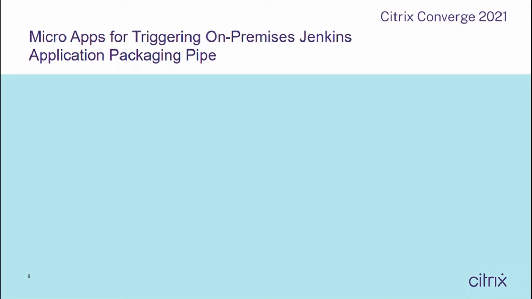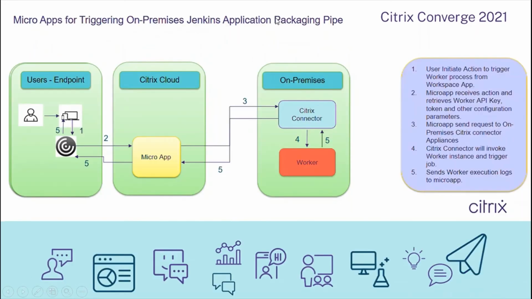So now we are going to see the micro apps for triggering the on-premises Jenkins application packaging pipe, where I will explain how that delivery pipe is called through the micro app cloud-based service. You can see the user endpoints. The user connects through a device that has the cloud workspace.